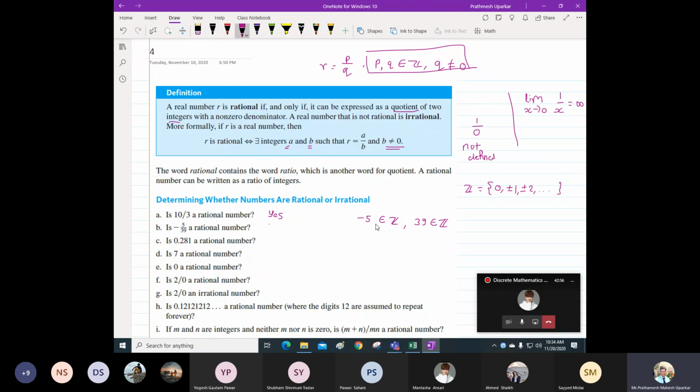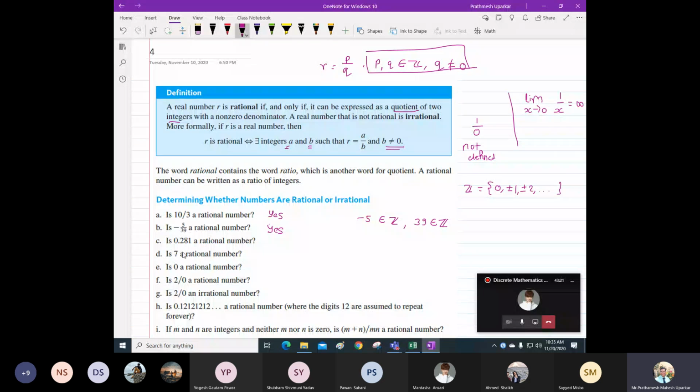So can I say minus 5 belongs to the set of integers by this definition? It contains all the positive numbers and all the negative numbers. So minus 5 belongs to the set of integers, 39 also belongs to the set of integers, therefore the fraction is also a rational number.